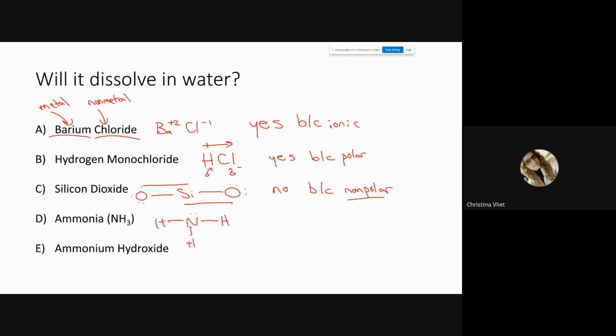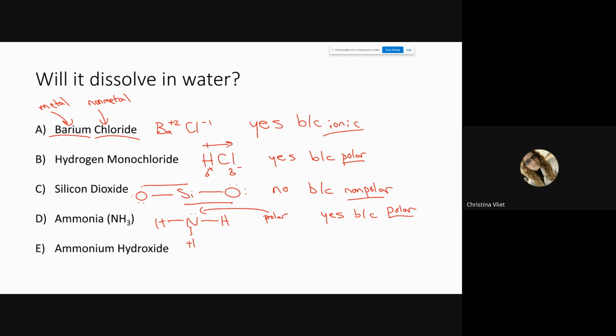Why though, looking at its chemical formula? It's polar, it has that unshared pair of electrons and that big difference in electronegativity between nitrogen and hydrogen. So the answer is yes, because polar.